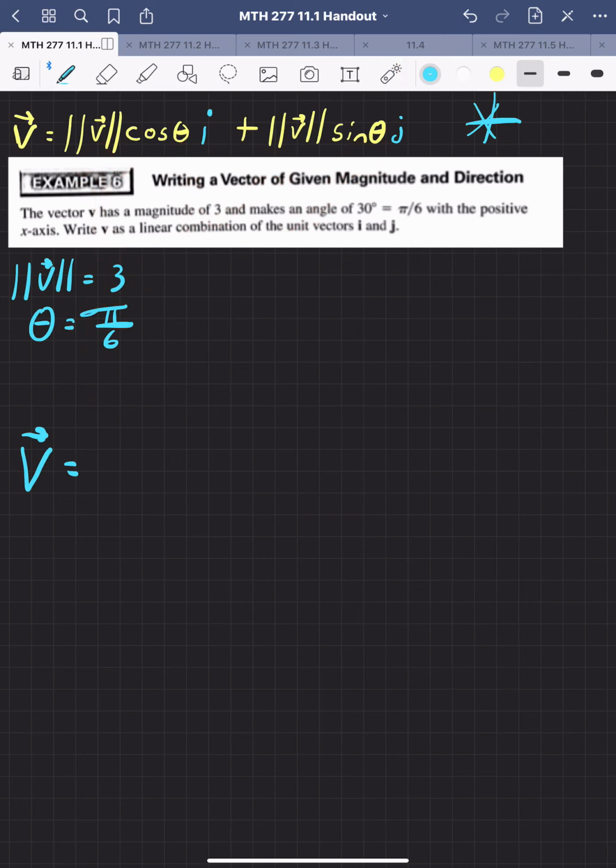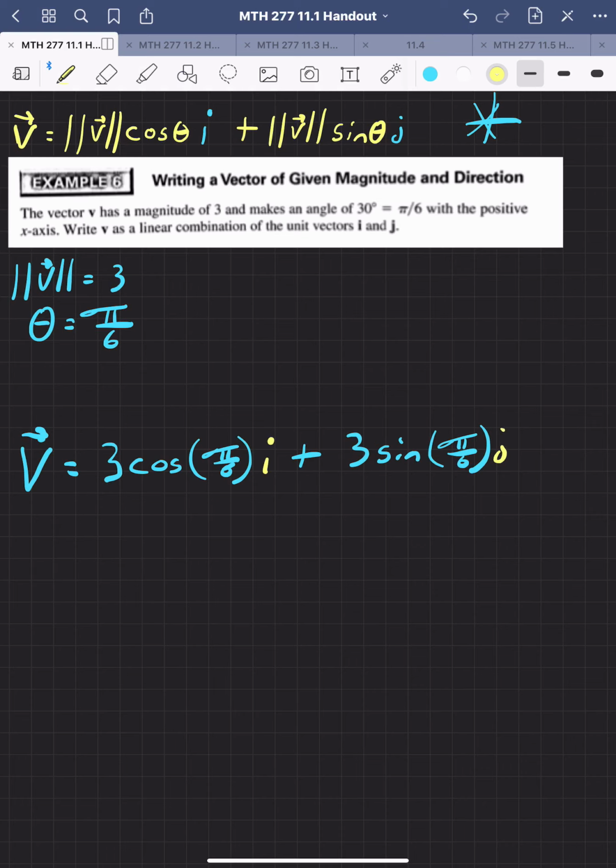Okay, let me write it. So that's going to end up being 3 cosine of pi over 6 in the i direction, plus 3 sine of pi over 6 in the j direction.